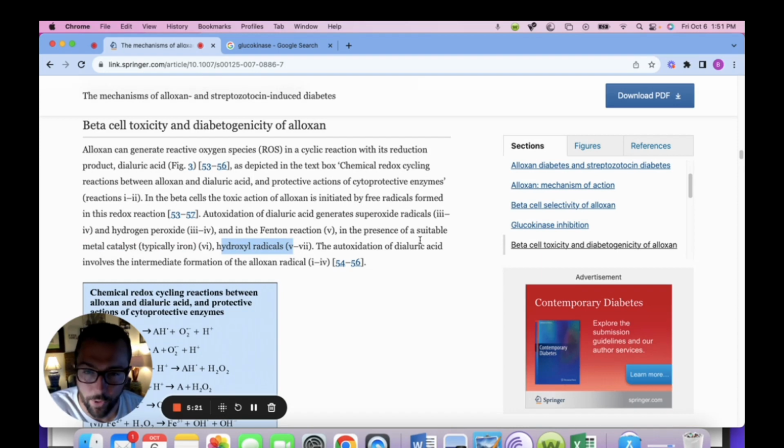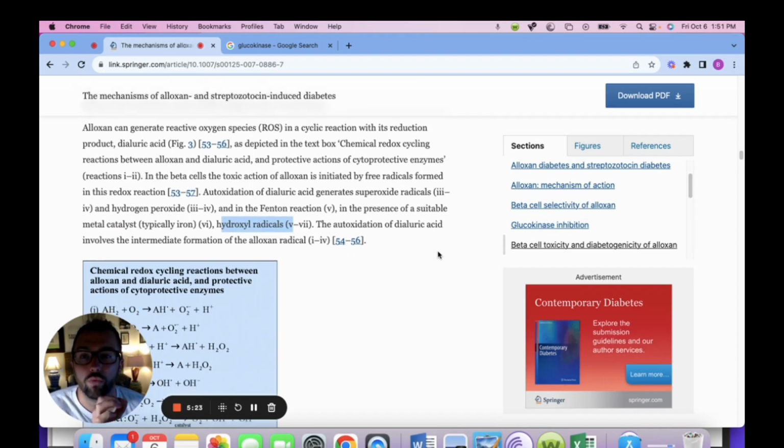Okay? So alloxan gets into the cell, it's broken down into dialuric acid. Dialuric acid generates these superoxide radicals, which eventually decompose into hydroxyl radicals, which wreak havoc on the health of the cell.